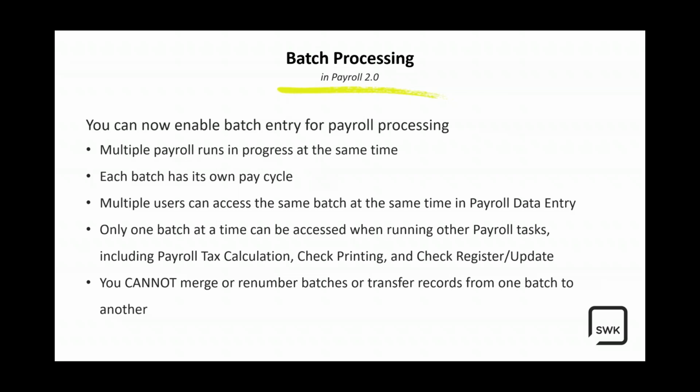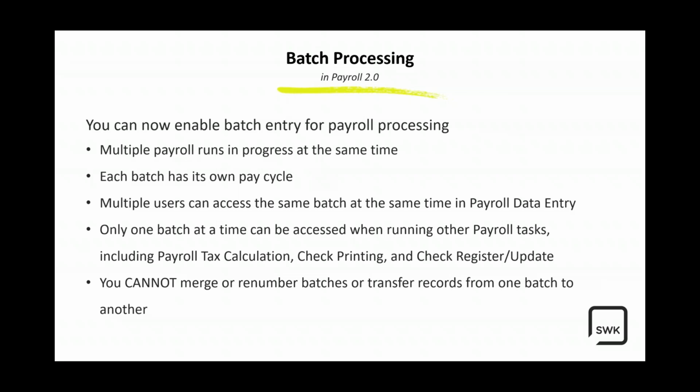The only drawbacks, or these two key features, is whenever you're going to do payroll tax calc, check printing or check registers, you can only be in one batch at a time. So each batch, even though you might have, say for instance, 5 batches set up, each of those can only be calced, printed, or updated one at a time in the system.